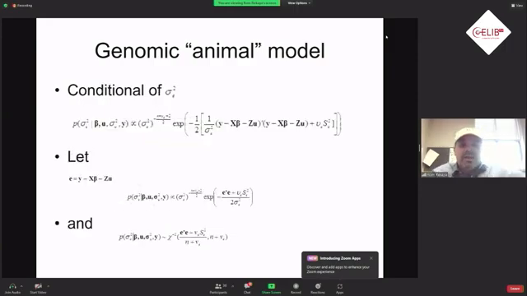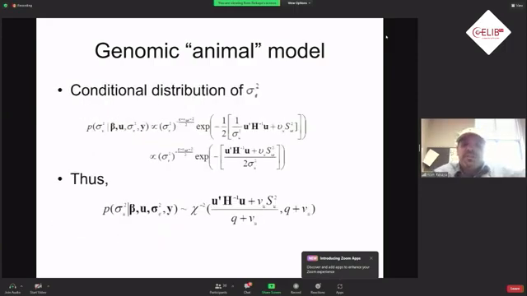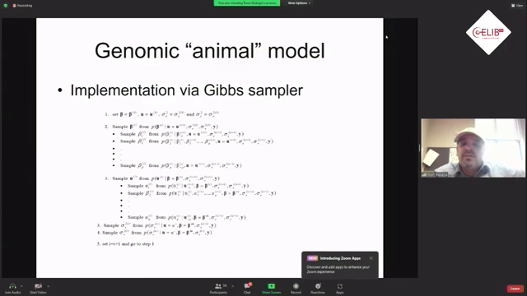These are again the derivations of all the steps to derive all the unknowns in the model. This is how it gets implemented using the Gibbs sampler. And here I will spend a few seconds, not too much, to give you a little bit of an idea or flavor about this Markov chain Monte Carlo method that is often used in the implementation of this model.